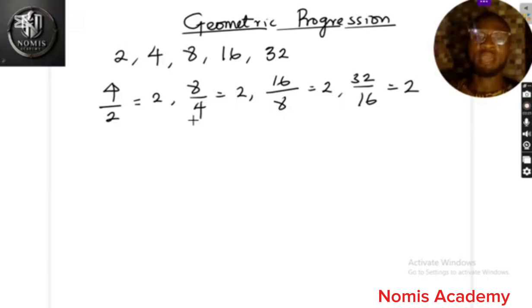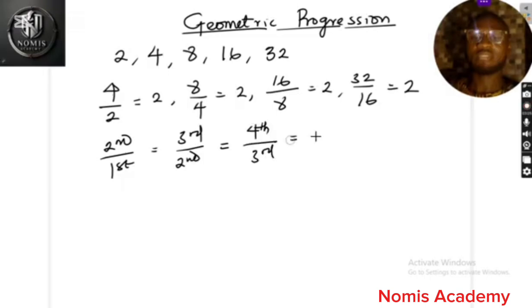It is gotten by the second term divided by the first term. Again, I can say the third term divided by the second term, and also the fourth term divided by the third term. So that 2 we get as an answer is known as the common ratio.